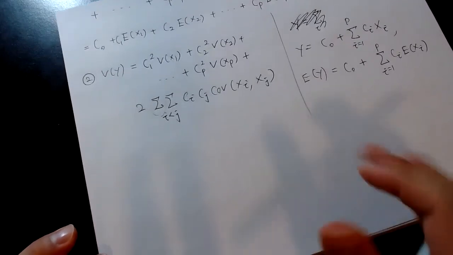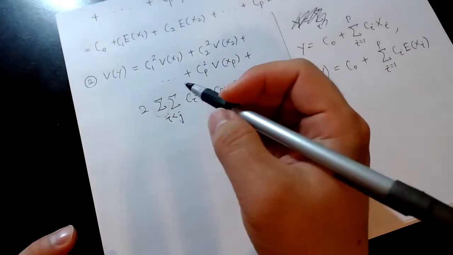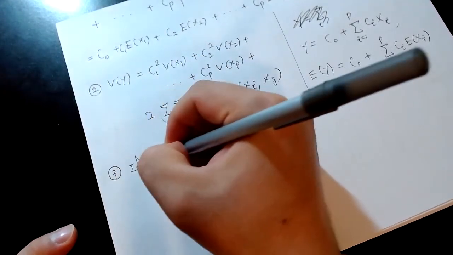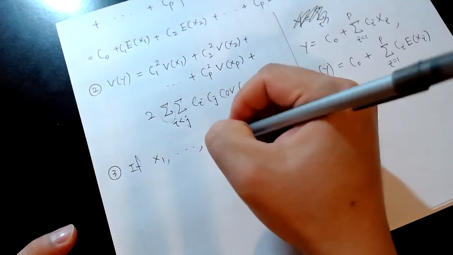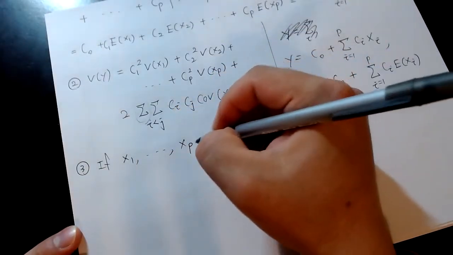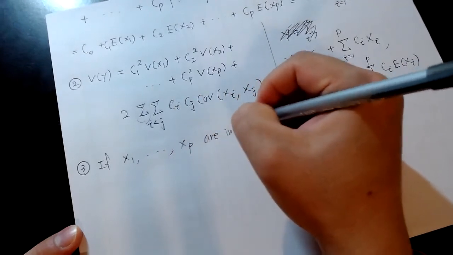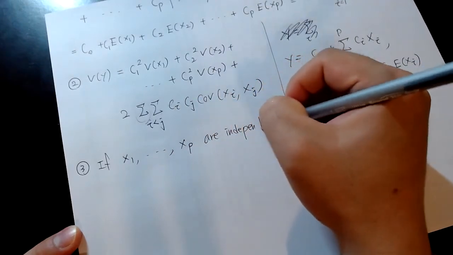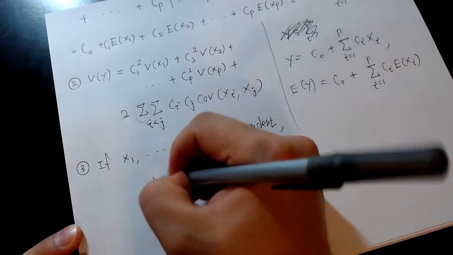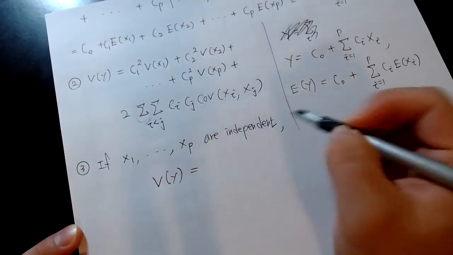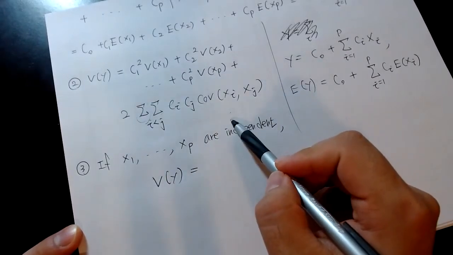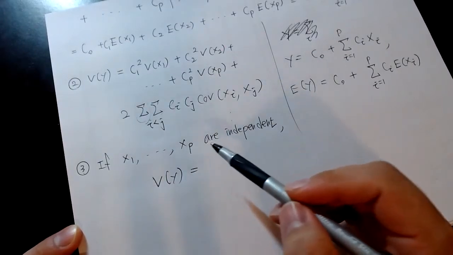Now the next one, the third one: if x1 through xp are independent, then what happens to the variance? That covariance term will be gone, because it is trivial.